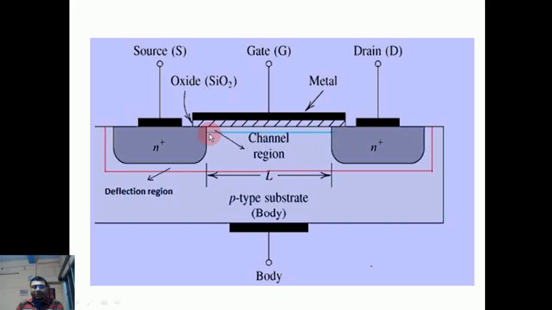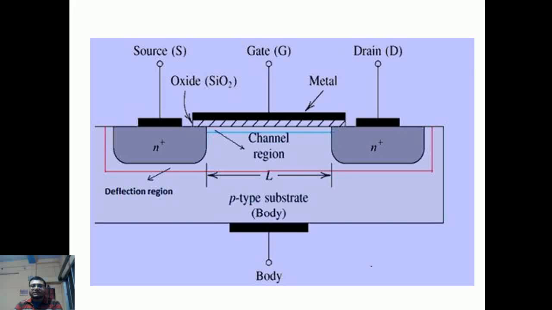That is why it is called the field effect. Whatever electric field we apply at the gate produces the channel and controls this device to make a current flow from source to drain. It is the beauty of this transistor, the metal oxide field effect transistor.